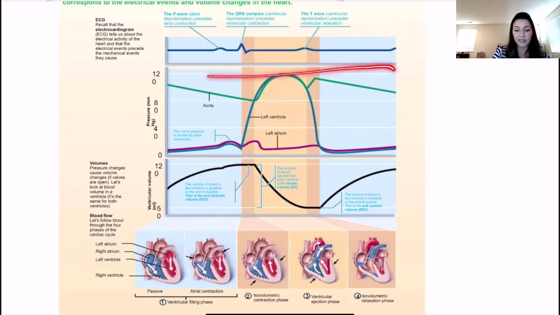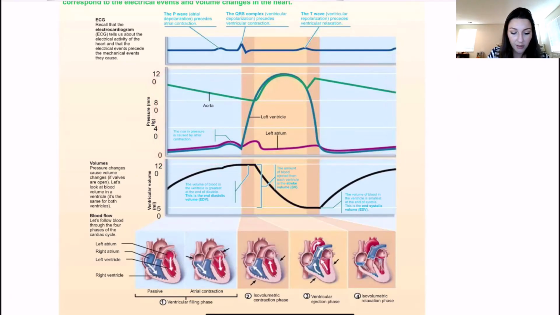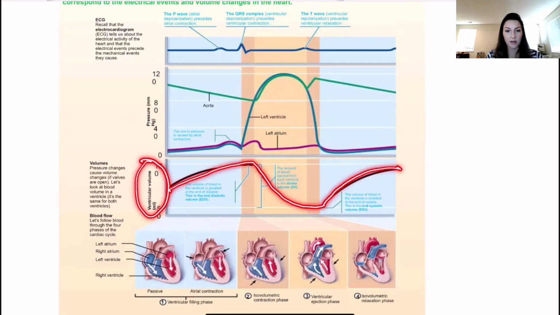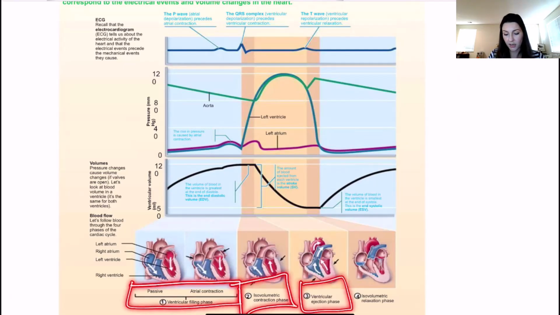Here's the exact same graph we looked at on the previous slide. And then the last part here, which I won't talk about as much, is the volume of the ventricles. The ventricles will increase, then they'll lose their volume, and then they'll increase again. The last part of this page at the very bottom is the thing I really care that you think about: all of the stages of the cardiac cycle, 1, 2, 3, and 4.